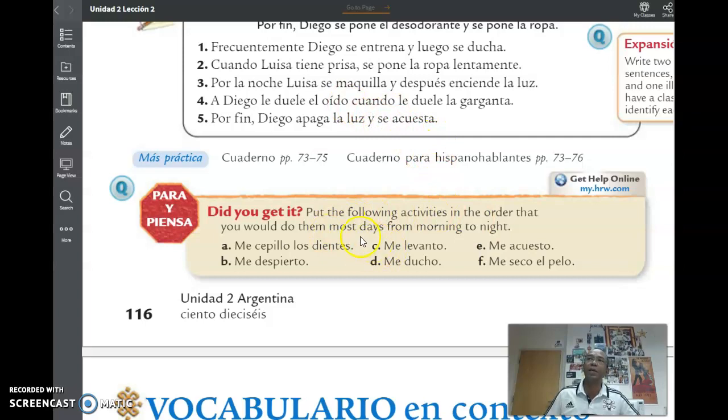Now, tell me here. Let's put these activities in order, okay? Me cepillo los dientes. Repeat and do with me. Me cepillo los dientes. Me despierto. Me levanto. Me despierto. Me cepillo los dientes.